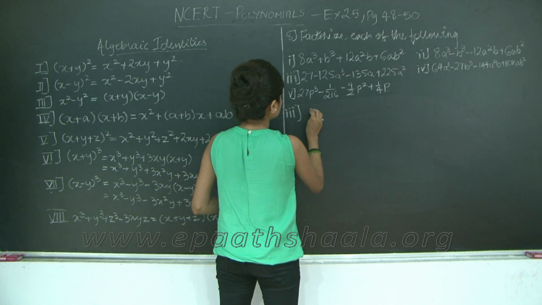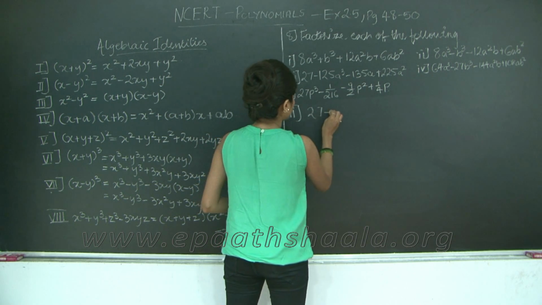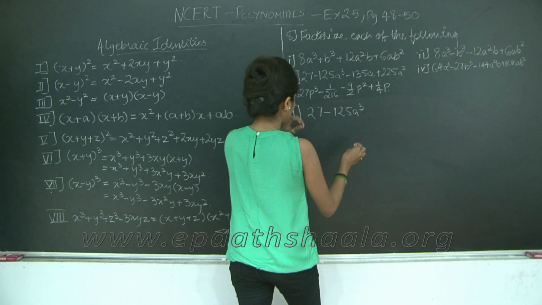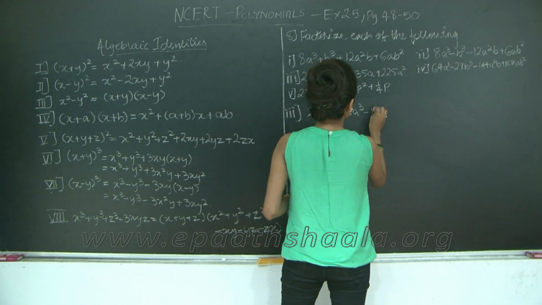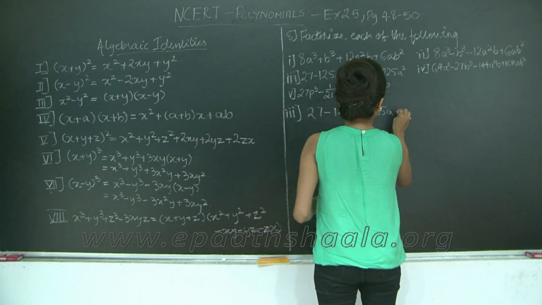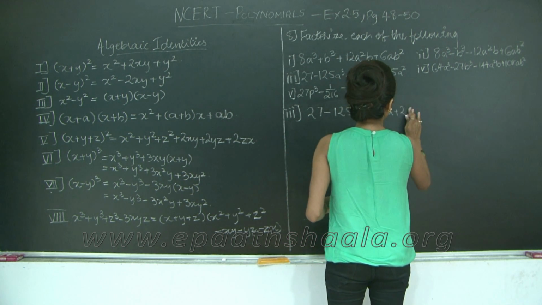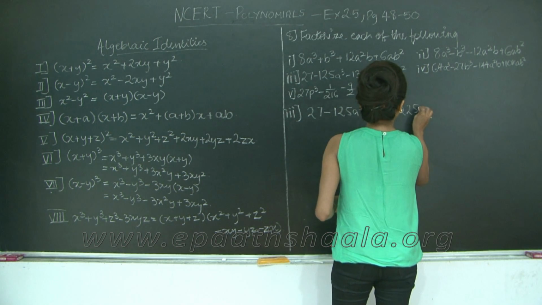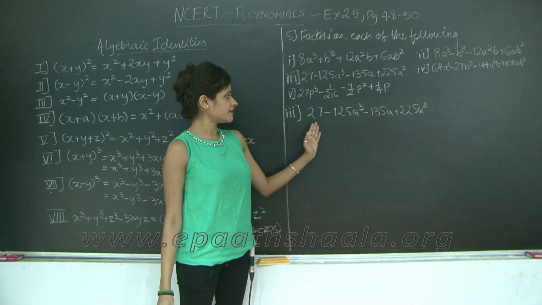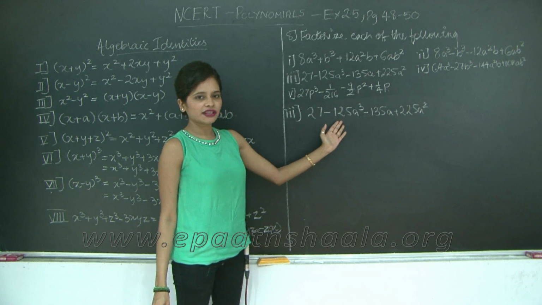So question number 3 is 27 minus 125a cube minus 135a plus 225a square, right? Now if you notice, 27 is a cube of 3 and 125, if you do not know how to find the cube, it is very simple.